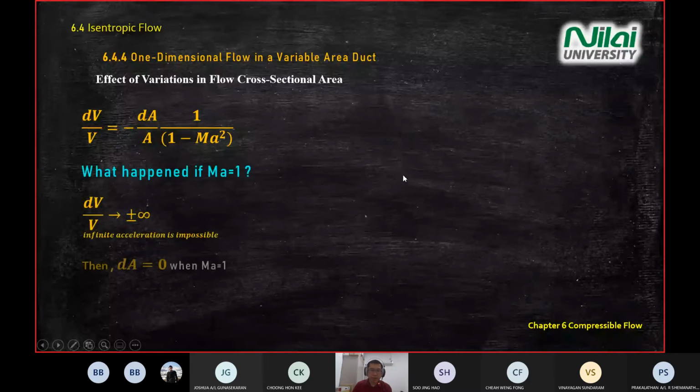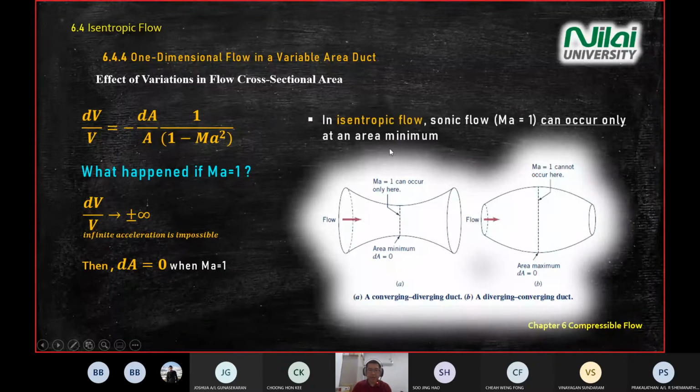If you refer to the table, all these are calculations, so you can go and read from the slides later on. All right. Now, in isentropic flow, Mach number 1 can only happen in a converging diverging duct at the minimum area. Okay, minimum area.